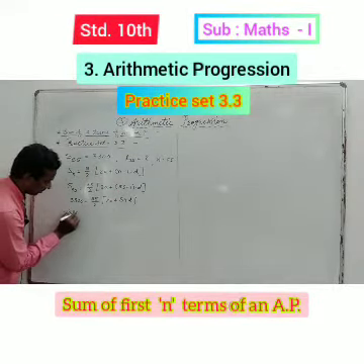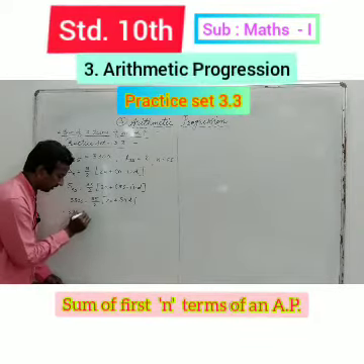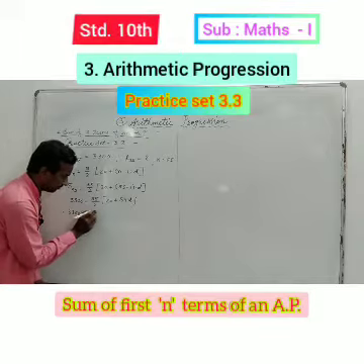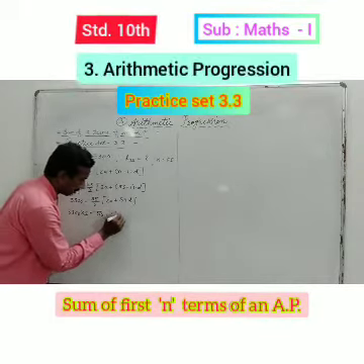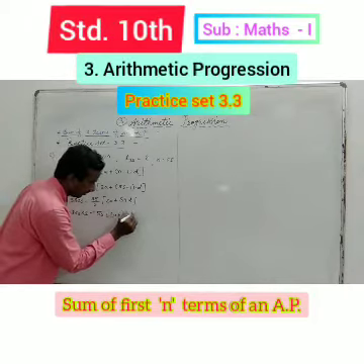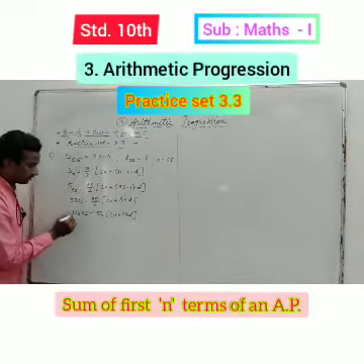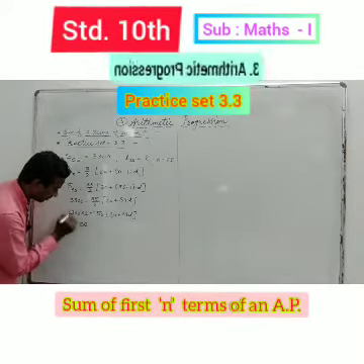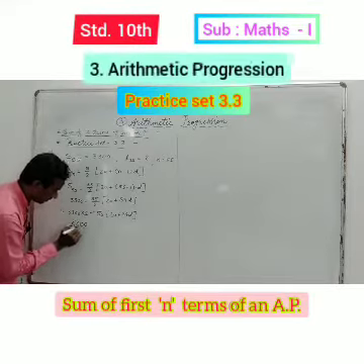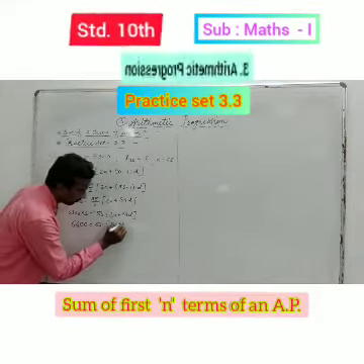Now 3300 upon 2 goes to LHS side, it will become into 2 equal to 55 into 2a plus 54d. Now 3300 into 2. 2 zeros are 0, 2 zeros are 0, 2 threes are 6 and 2 threes are 6 equal to 55 into 2a plus 54d.